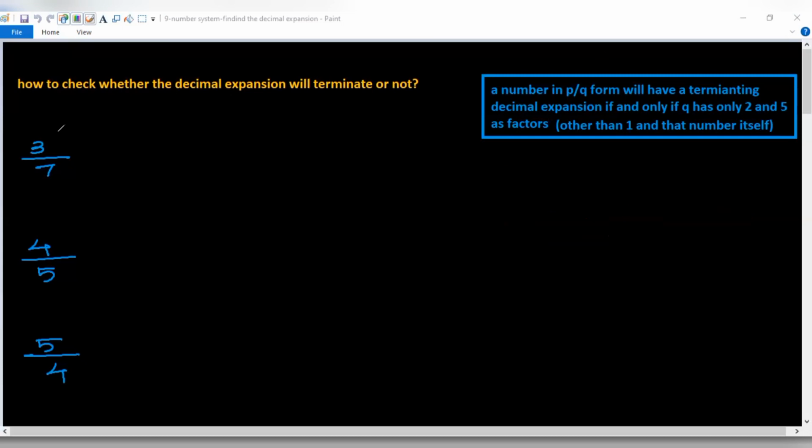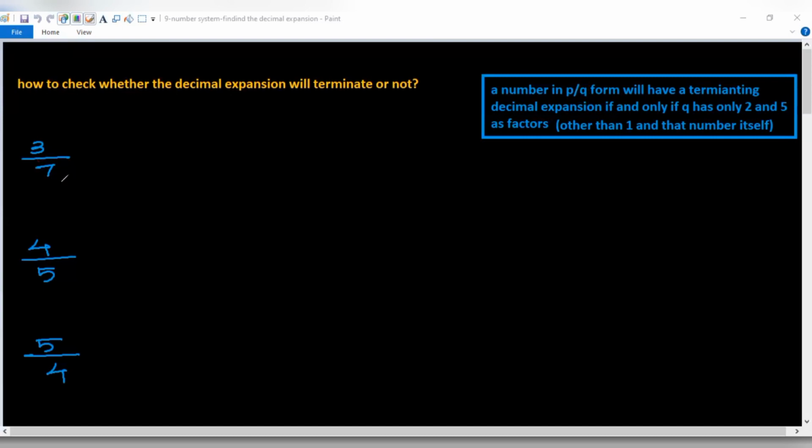Anyway, by seeing the fractional number itself, we can understand whether it is a terminating decimal or a non-terminating decimal. What we have to do is check the denominator part of the given number.